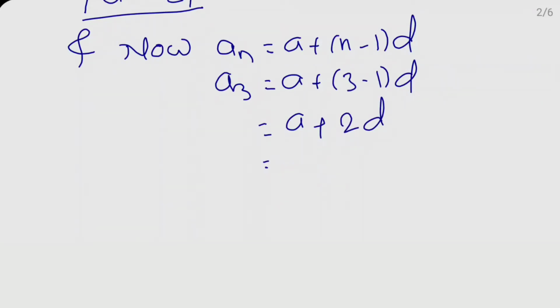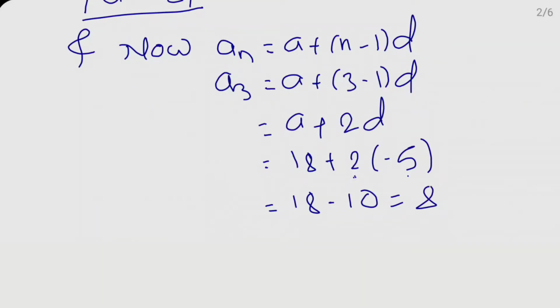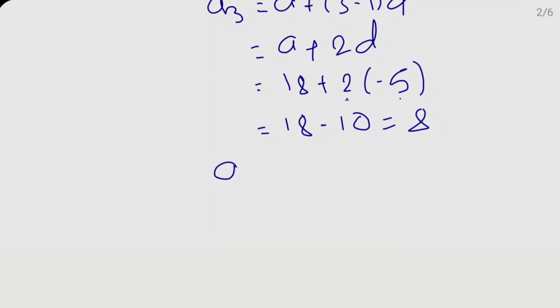So here a is 18 plus 2 and d is minus 5. So now here 18 plus 2 into minus 5 is minus 10. So here 18 minus 10 is 8. So here we got the third term is 8.